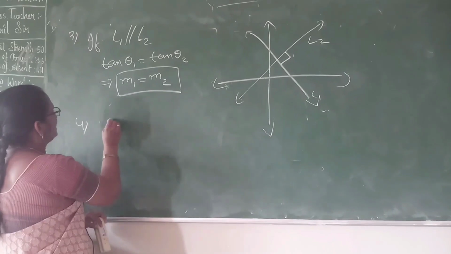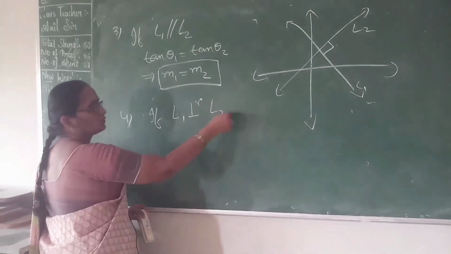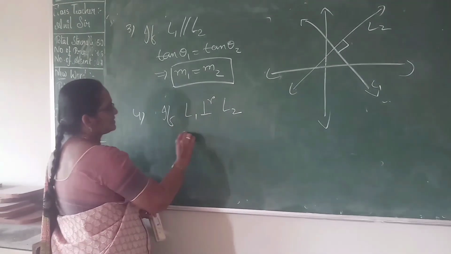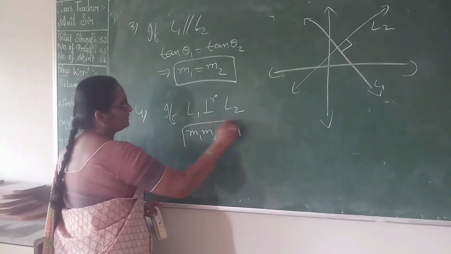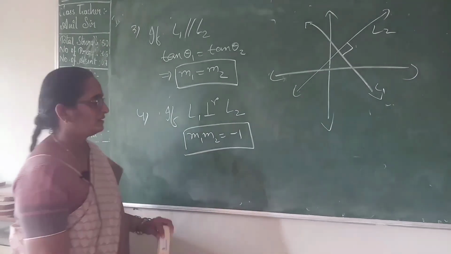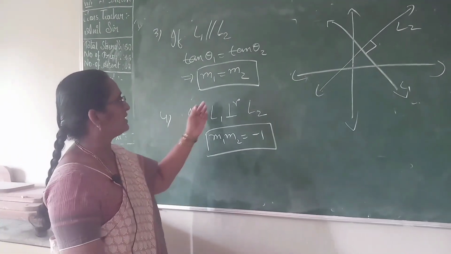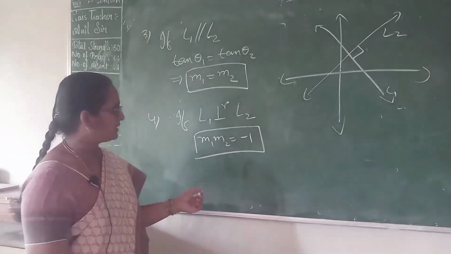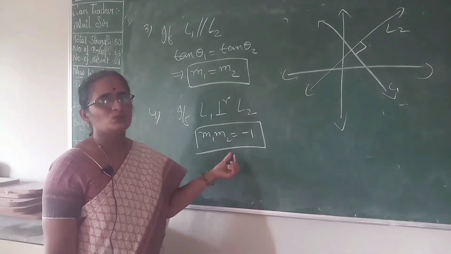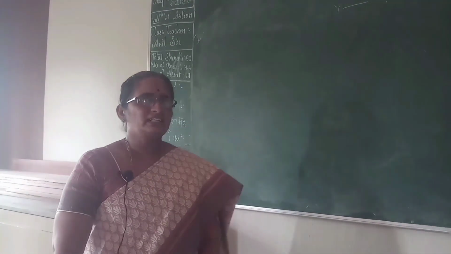Then if L1 is perpendicular to L2, you get M1 M2 is equal to -1. This is also another important point. So when 2 lines are parallel, the slopes are equal, that is M1 is equal to M2. And if the lines are perpendicular, then the condition is M1 M2 is equal to -1. Okay, till now we learned about the slope of a straight line.